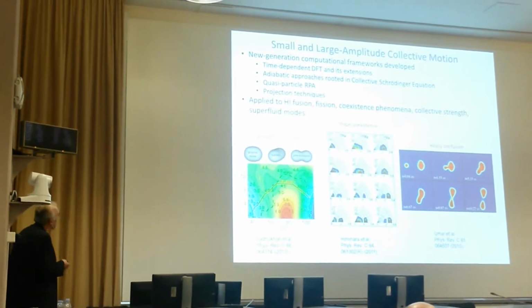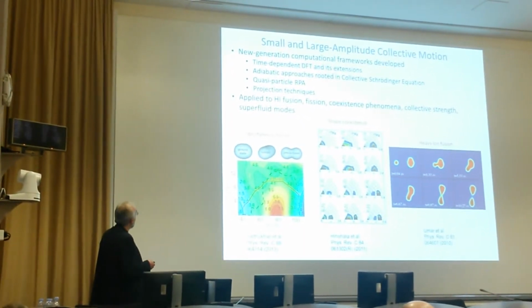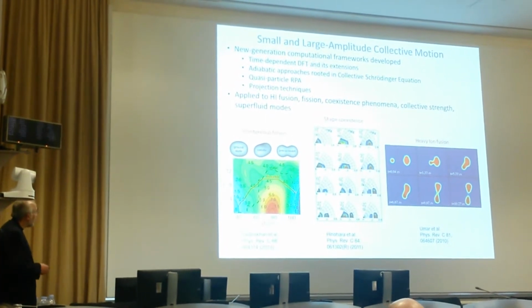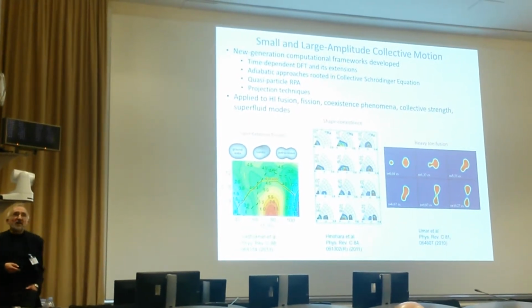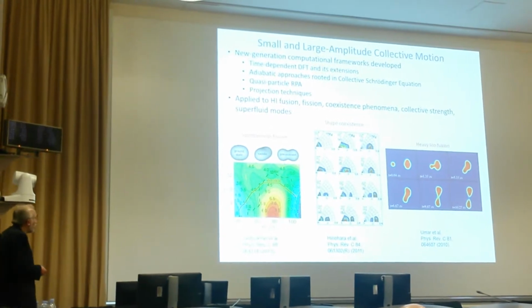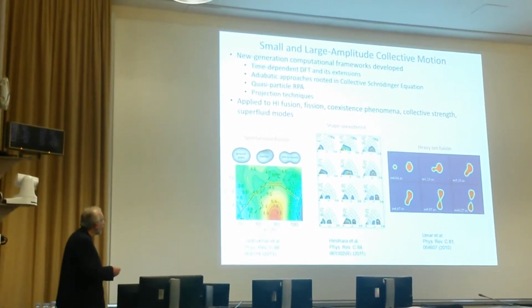So good progress has happened also in the area of small and large amplitude collective motion. So we are now at the level of microscopic description of nuclear fission, in which the fission pathway is obtained directly from effective action, actually minimization.